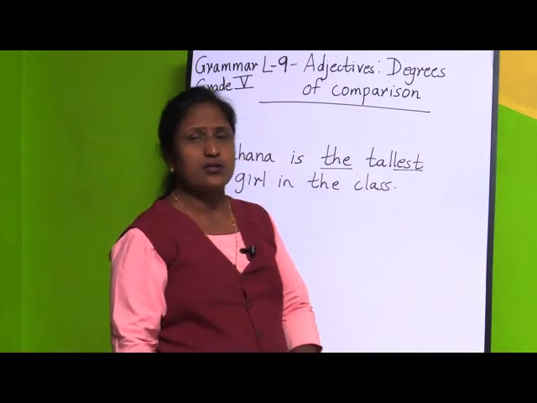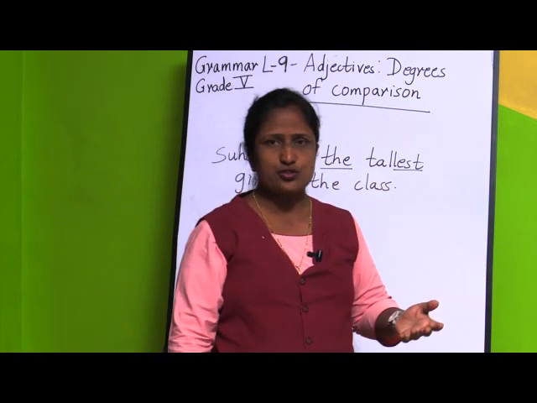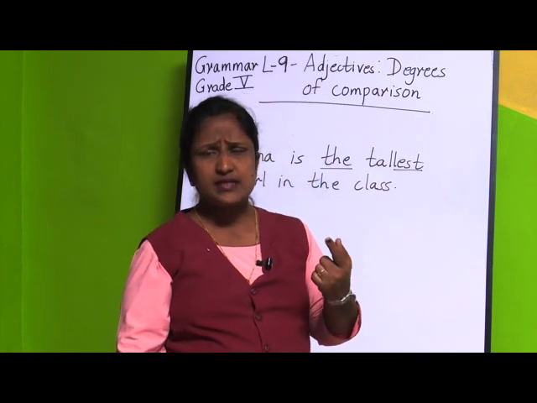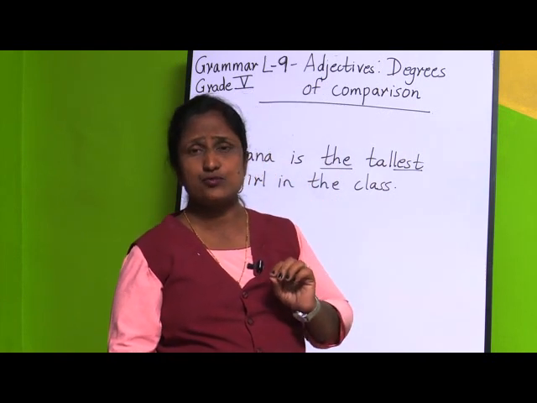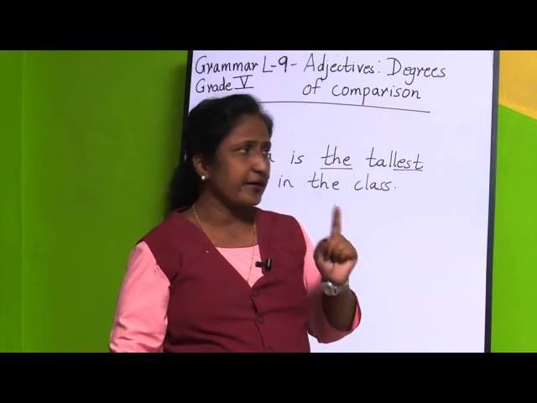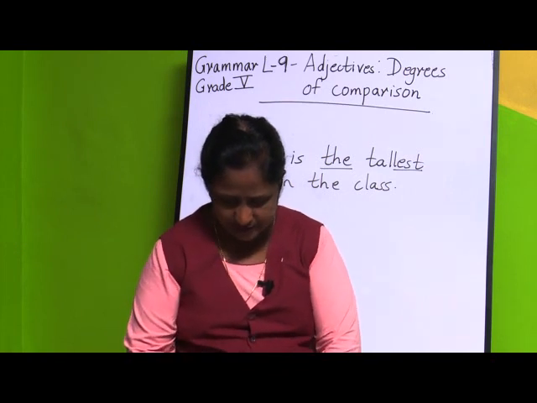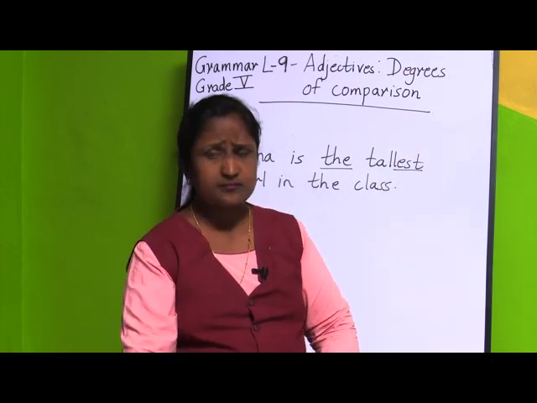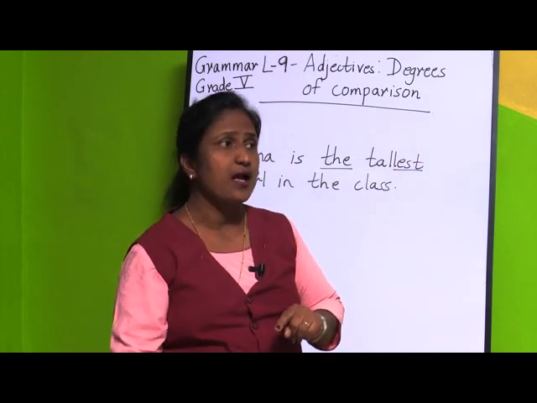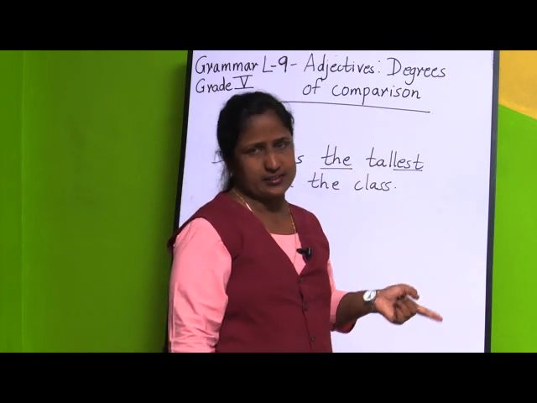So, this was about positive degree, comparative degree and superlative degree. Here also we have some rules. In case of positive degree, we write the words using as, dash as. For comparative degree, after an adjective we are going to use the word than, and in superlative degree the word the we are going to use before an adjective.